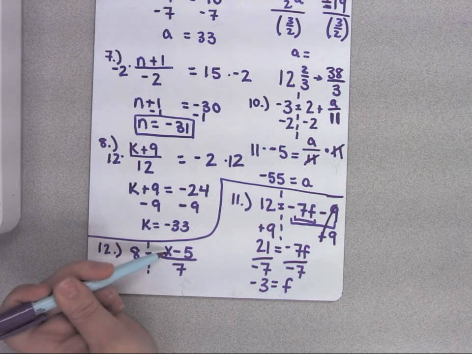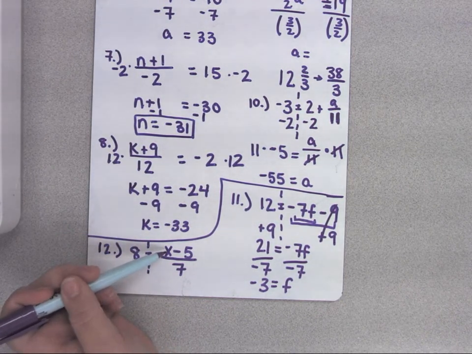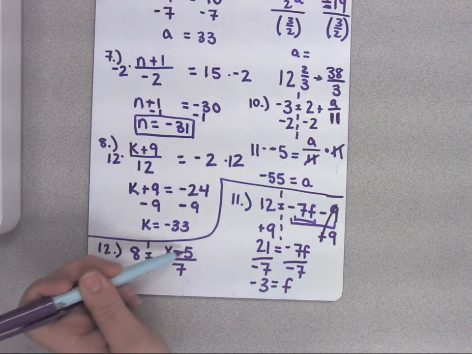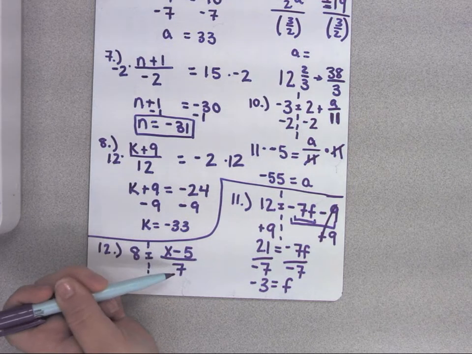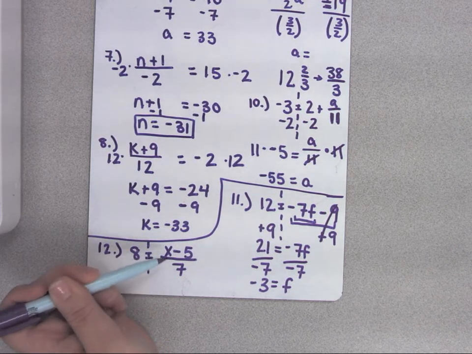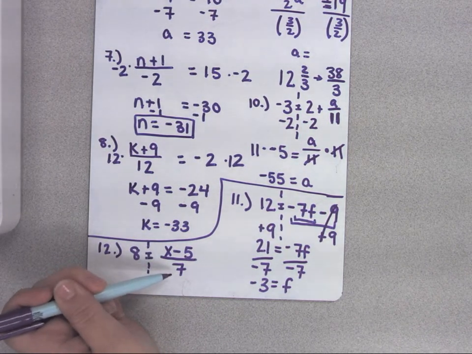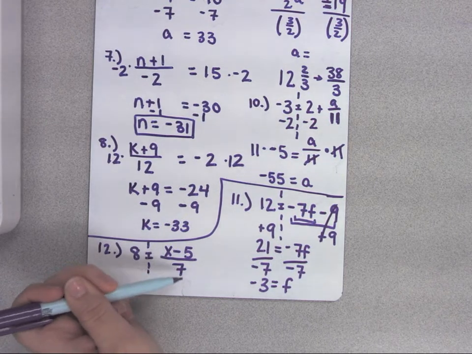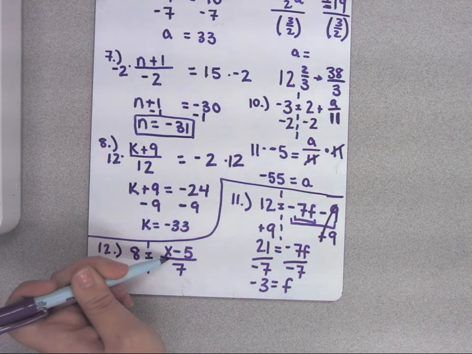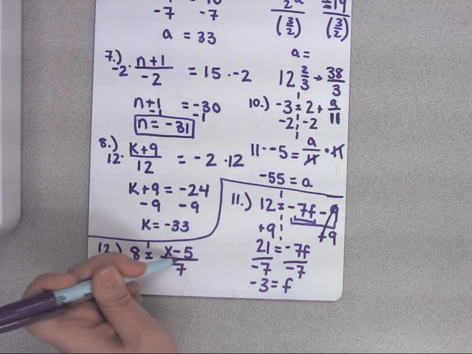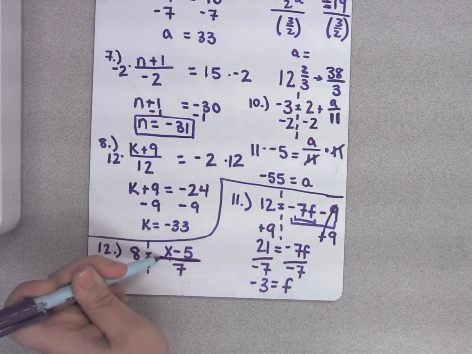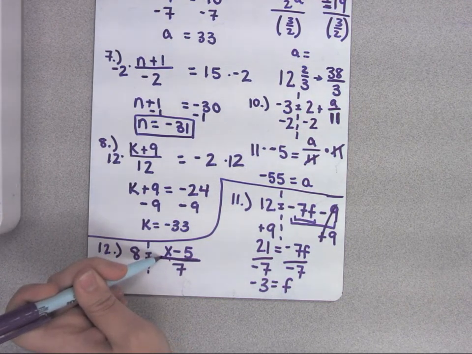You ask yourself, which one is farther from the variable? The thing that's on the same level or the thing that's on a different level? It's always the one that's on a different level, so it's on the bottom this time. So how do I get rid of this 7? What's this line represent? Division. A line means to divide.